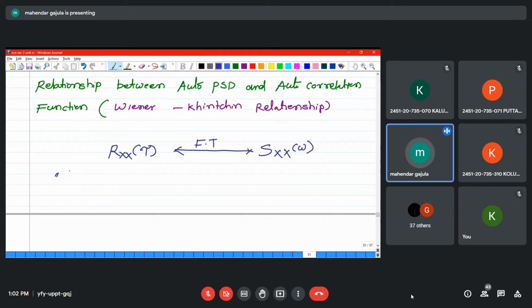In the statement, auto prospector density and autocorrelation function form a Fourier transform pair. So R-X tau and S-X omega, these two are a Fourier transform pair. This one we have to prove.